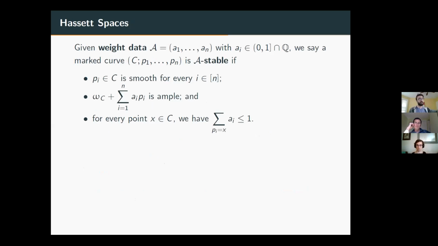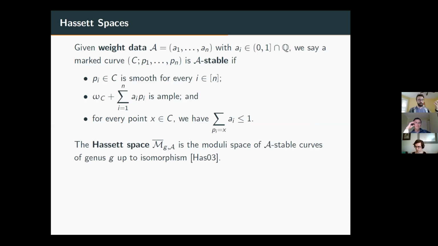So you get to pick weight data, which is this A, and then you allow things to collide as long as the total weight at that collision point remains small enough. So this gives us different compactifications. Sometimes called moduli spaces of weighted stable curves, developed by Brendan Hassett in 2003.